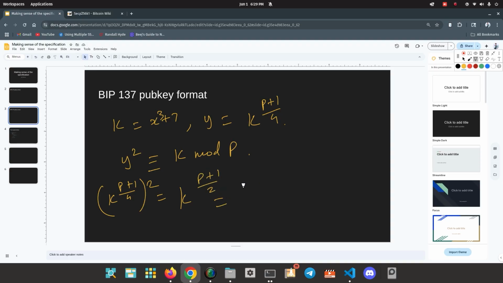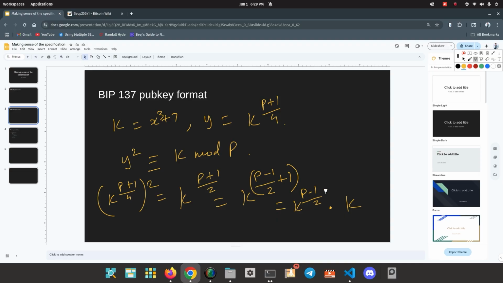This can be rewritten in this form: k to the power (p minus 1) divided by 2 plus 1. That is in the exponents, right? So k to the power (p minus 1) divided by 2, times k.